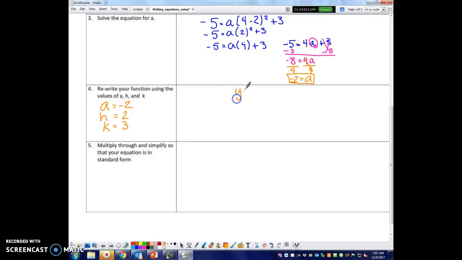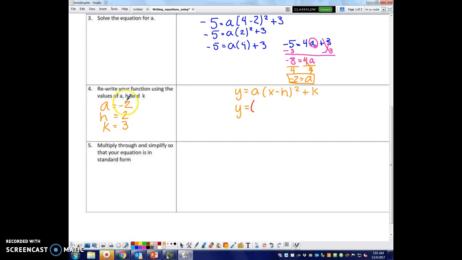So we're going to rewrite our equation with those numbers. So we have y equals a times x minus h squared plus k. Remember, that's our equation written at the top. So now we're just going to plug things in. We're plugging in a, h, and k. You ready? Y equals, what was a?